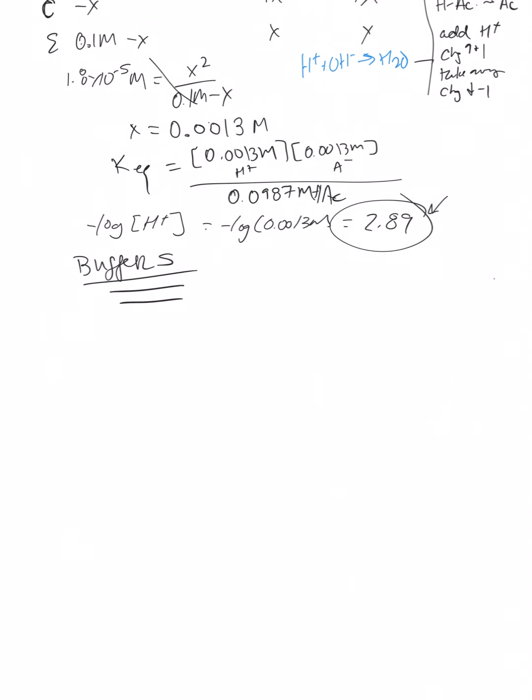So if we recall, the Henderson-Hasselbalch equation is the pH of a buffer is equal to the pKa. Remember where the pKa is the negative log of the Ka, right? So that's the component that's coming from the equilibrium constant or the acid dissociation constant. This is the part that's coming from our negative log of our H plus concentration.